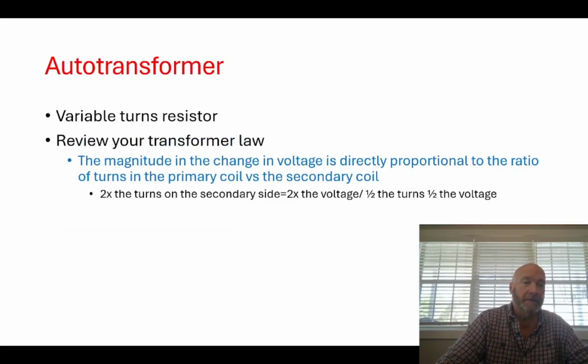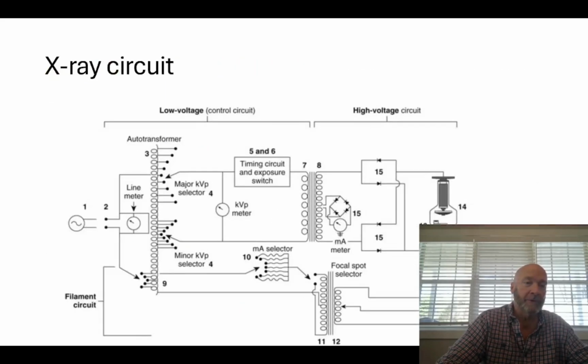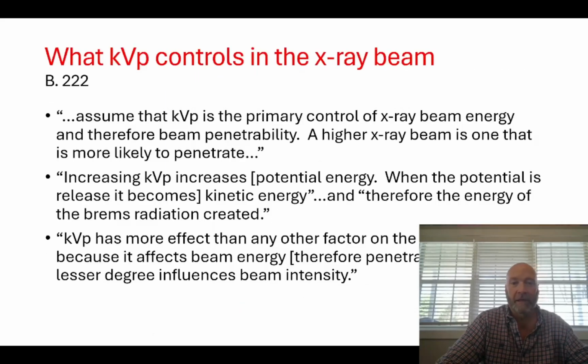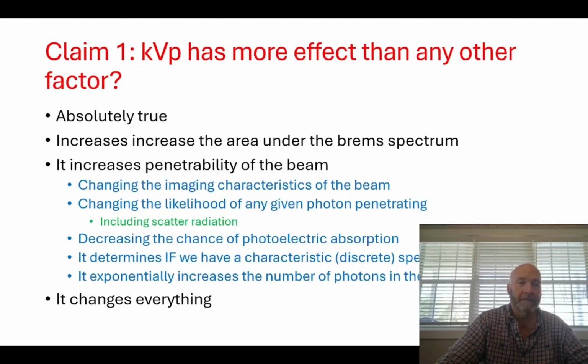So just getting down to it, the first part of this was about the X-ray circuit and what happens whenever we increase kVp, how the circuit responds, or where we control our kVp in our circuit. Our first claim was kVp has more effect than any other factor on our technique and on our X-ray production, emission, and interaction with the patient.